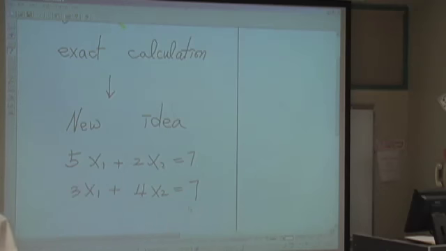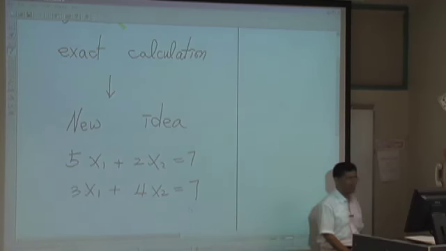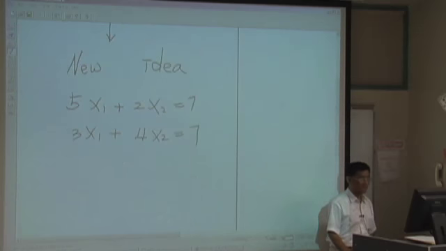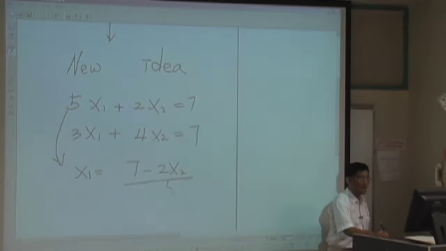Then the whole new idea is this. Instead of finding the exact solution, we develop some relation like this. What about solving this for x1? If you solve this for x1, what happens? x1 equals (7 minus 2x2) over 5.